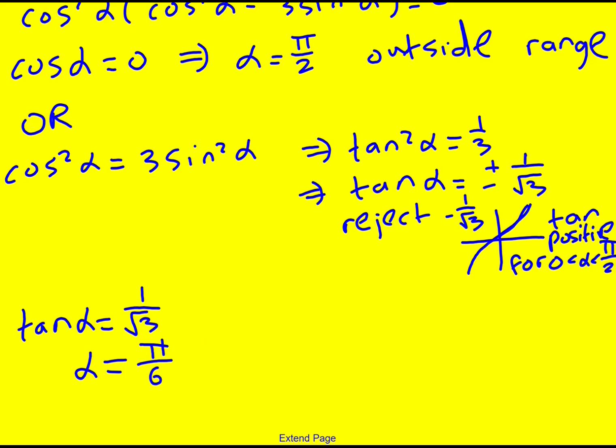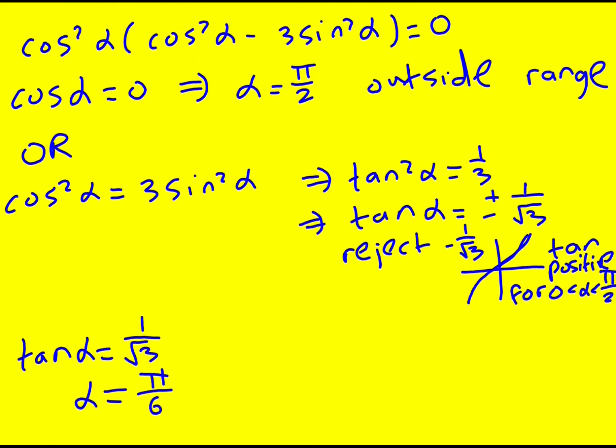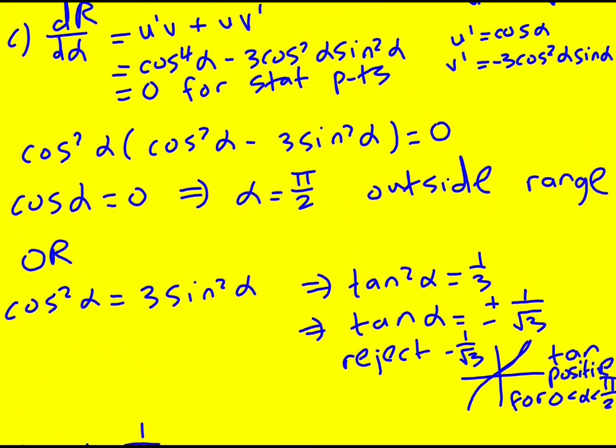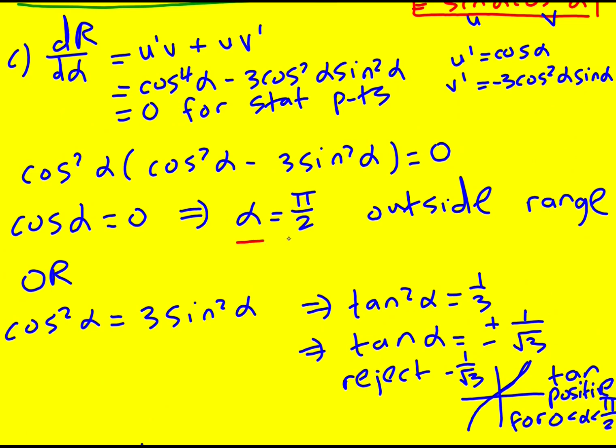In these sorts of questions, it's not enough to just say that is the maximum. We have to show it. The mark scheme accepted saying that pi over 2 would have given a minimum, and therefore our pi over 6 will give a maximum.